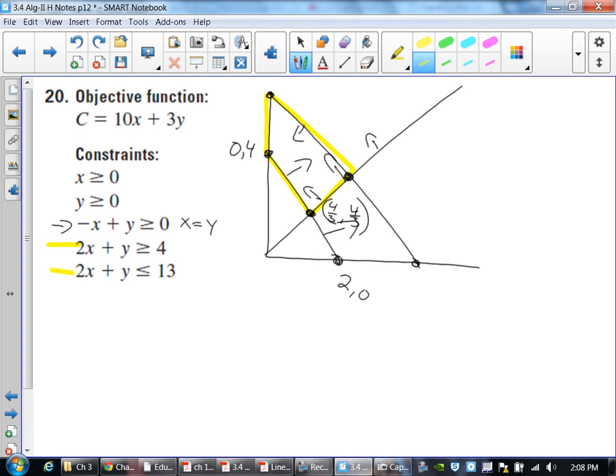They both have a slope of -2. But I do need to figure out where these two guys intersect. You can do that again very simply via substitution. X equals y. So I get 3x is 13. X is 13 over 3, which means y is 13 over 3.